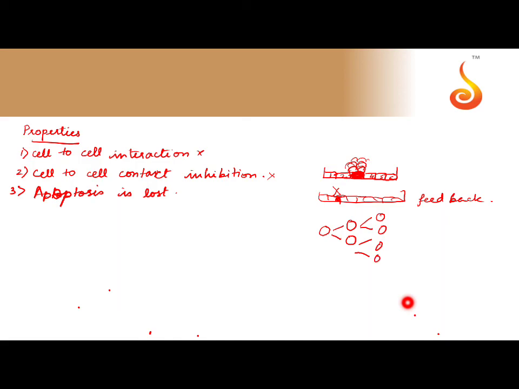Like this, the number of cells starts increasing. But in a normal cell, when this cell has divided into 2, one cell would die. Again, one cell would die when the next 2 cells have come into the picture. So, like this, the replacement process happens in a normal cell while it is lost in a cancer cell. This is how the growth of cancer cells takes place.